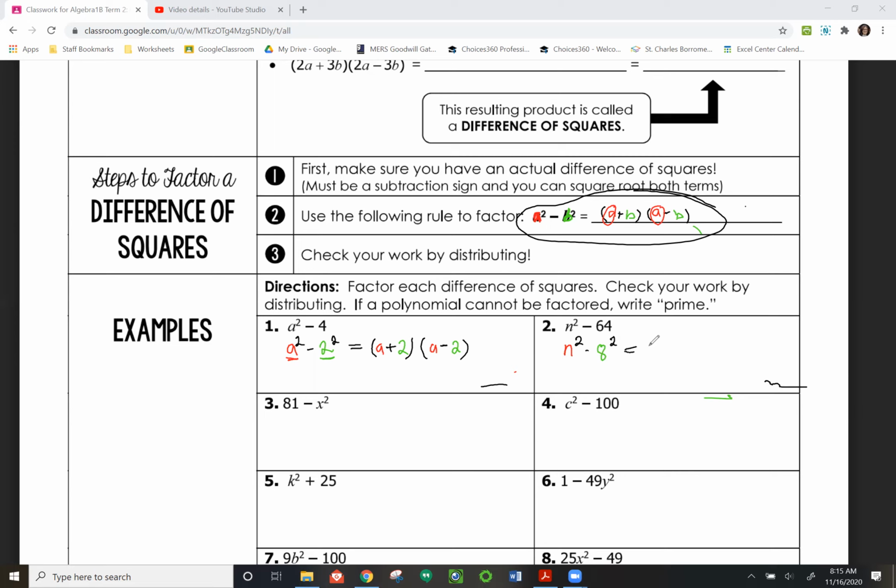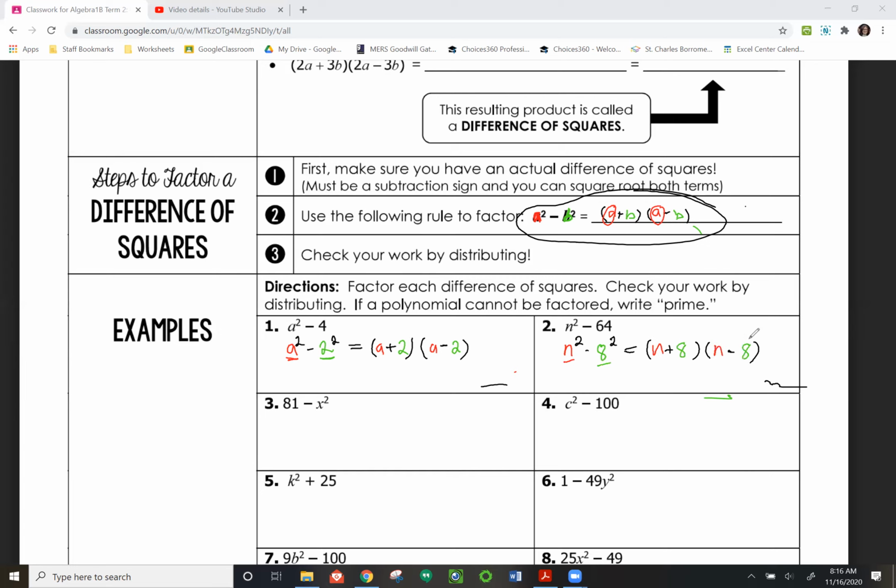Now I can factor, okay? And I do it the same way. I always set up my parentheses, and this is a plus sign, this is a minus sign, okay? And so it factors into a plus b, a minus b. Here your a is n, plus, what is your b term? 8. n plus 8, n minus 8, okay?